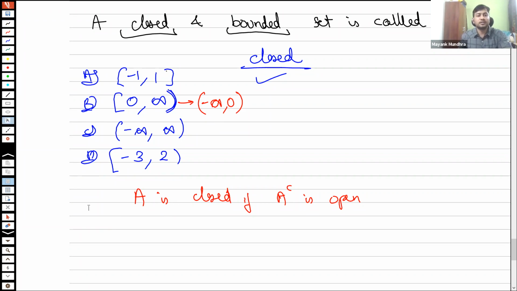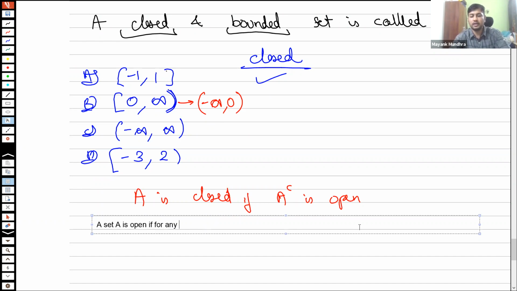let me type this, that would be better. So set A is open if for any x in A, there exists a neighborhood U in A such that x lies in U. Okay, so this is the definition.